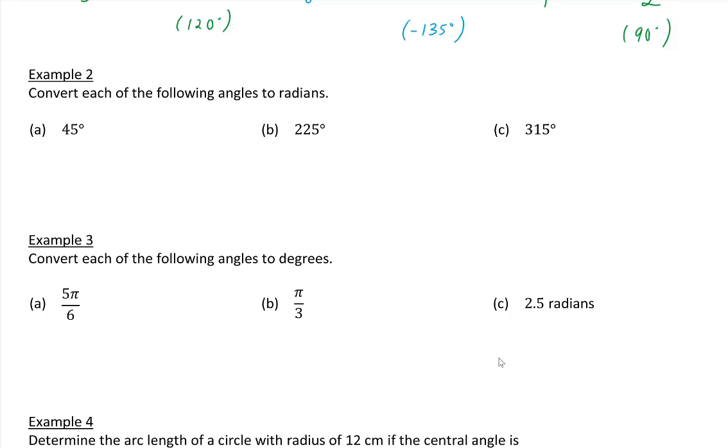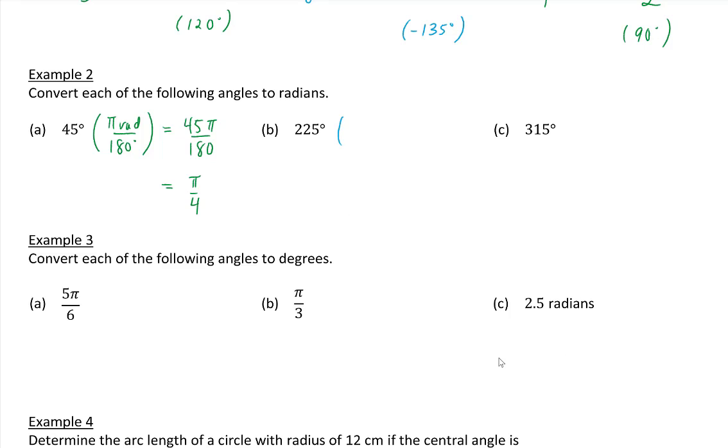So let's convert each of the following to radians. So 45 degrees, if we use the fact that pi radians is equivalent to 180 degrees. Notice the degrees in the numerator and denominator will cancel and leave you with radians. So we have 45 pi over 180 radians, which is equivalent to pi over 4 radians. Same thing with the next one.